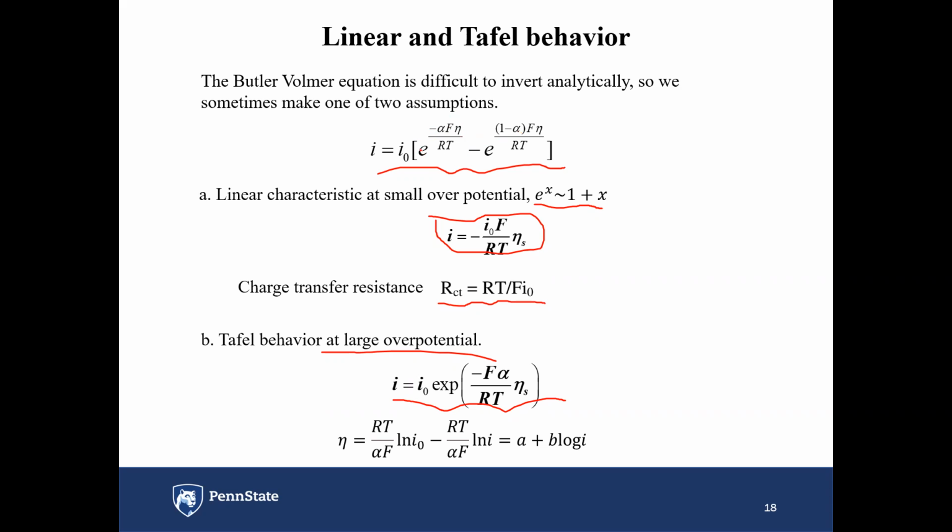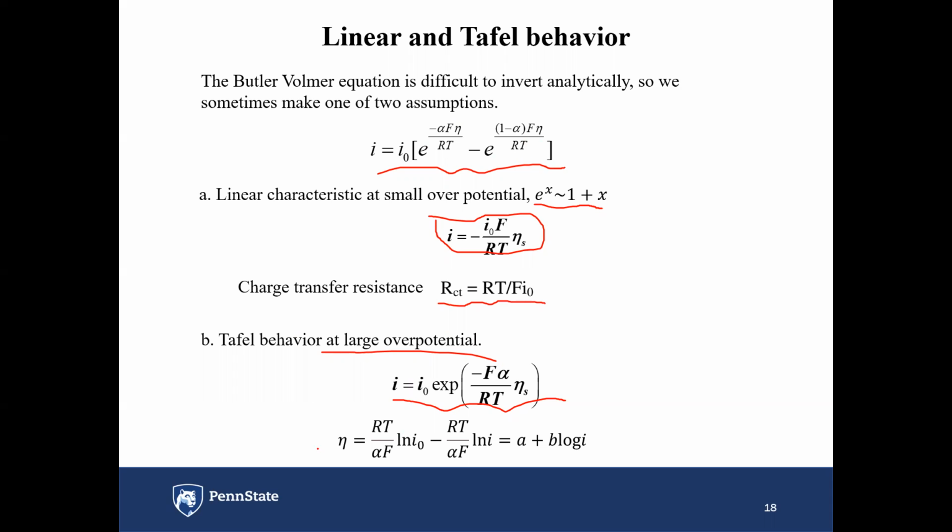And then we'll also get a smaller first term, right? So that typically means if we have a larger overpotential, we can do the approximation from two terms to one term, right?